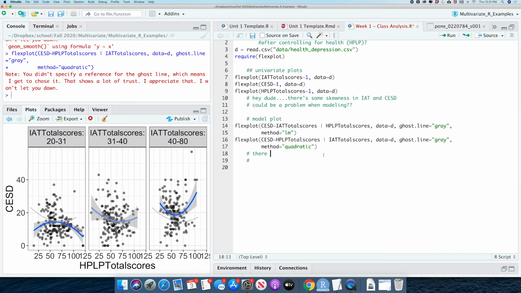So there is clearly, or I shouldn't say clearly, evidence of a nonlinear effect of HPLP on CESD, and possibly an interaction too. And that's because, again, we go from concave upward to concave downward.